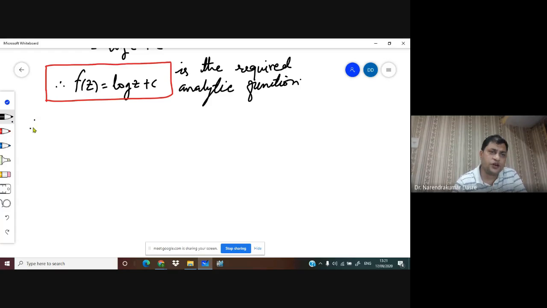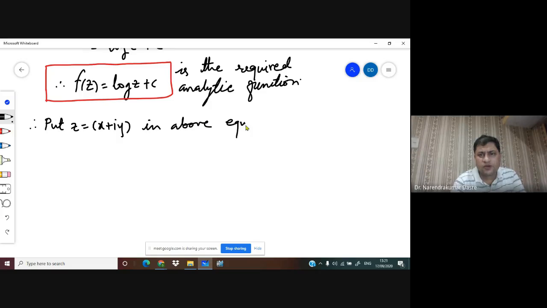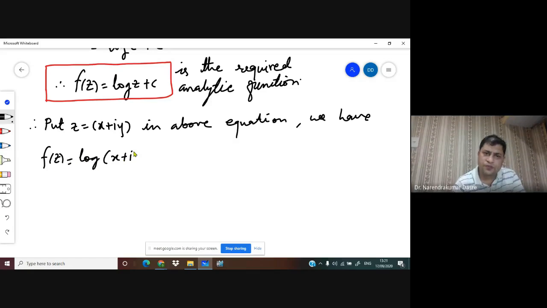For the harmonic conjugate, we put z is equal to x plus iy in the above equation.